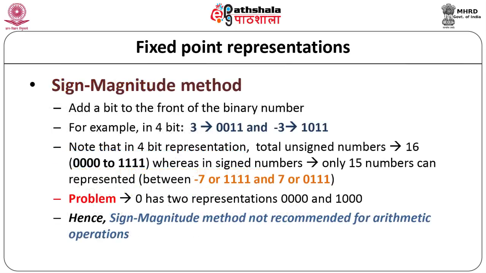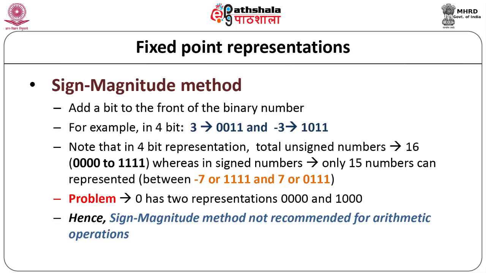The first signed integer format is the sign magnitude method, where we add a bit to the front of our numbers that represents a sign. In 4 bits, the decimal number 3 is represented as 0011 and minus 3 is represented as 1011.